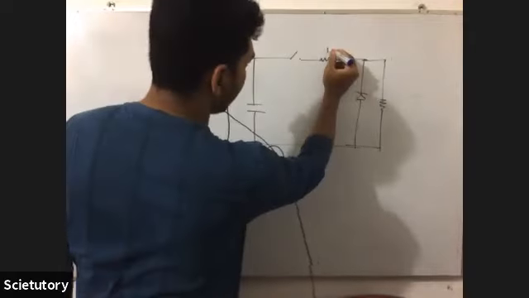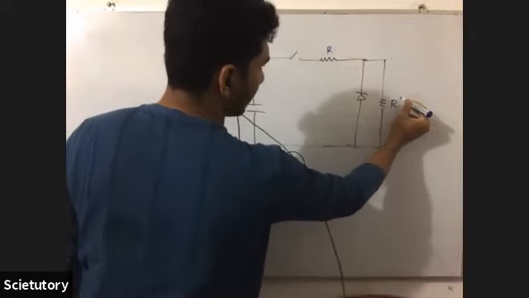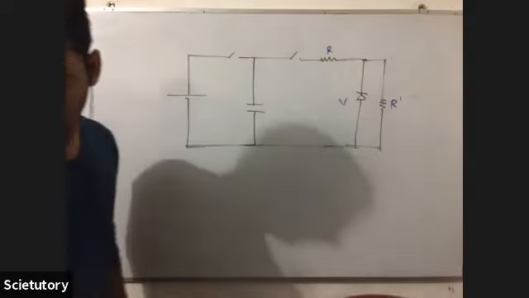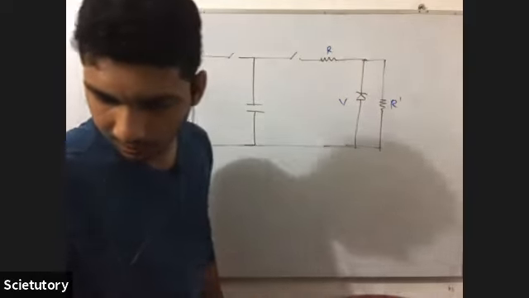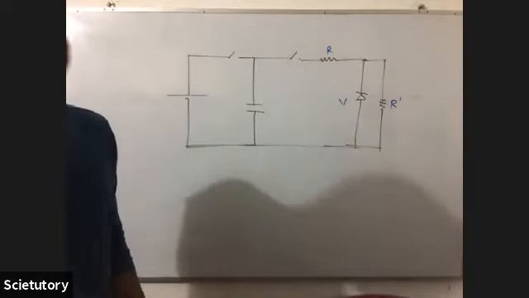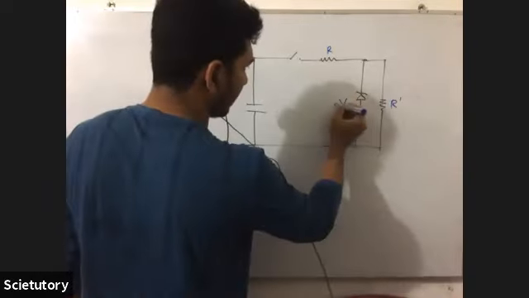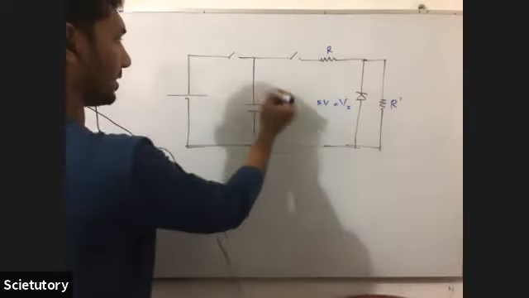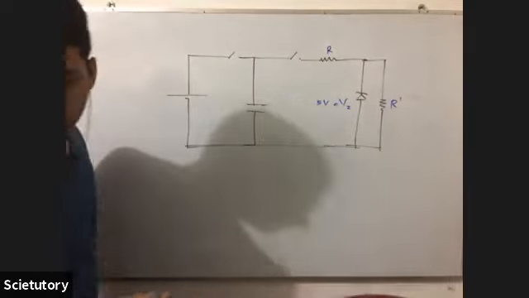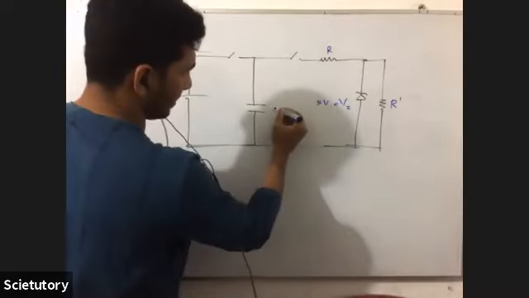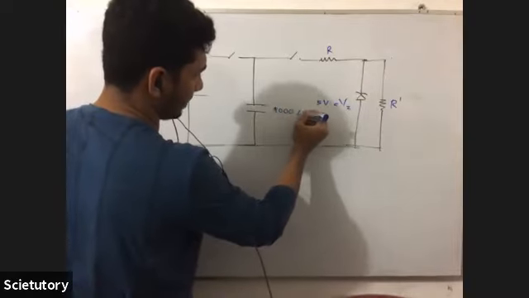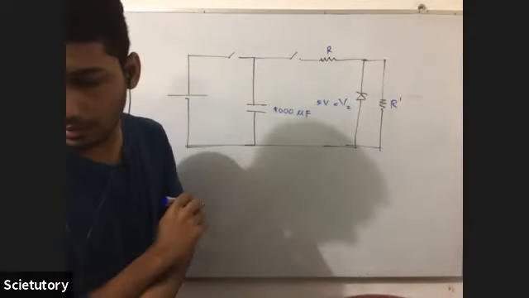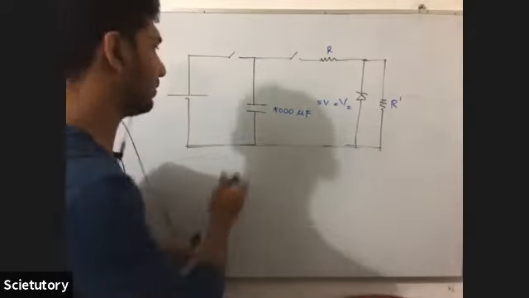So this is R, this is R dash, and this is the Zener diode. It doesn't have a name, but the VZ is equal to the breakdown voltage, 5 volts. So now the capacitor is charged until the voltage difference between these two plates becomes 10 volts.